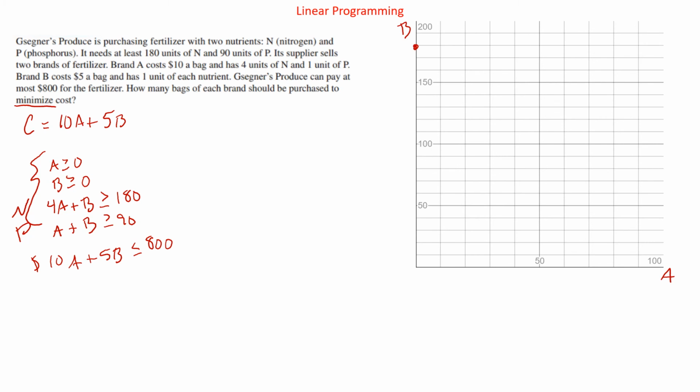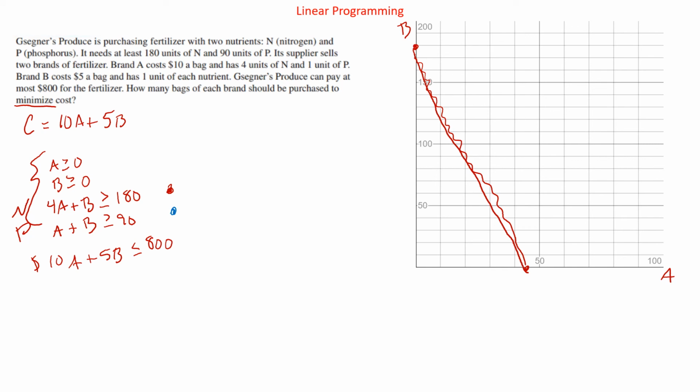And if B equals 0, 180 divided by 4 is going to be 45. And we need it to be at least that, so it's going to be on that side.